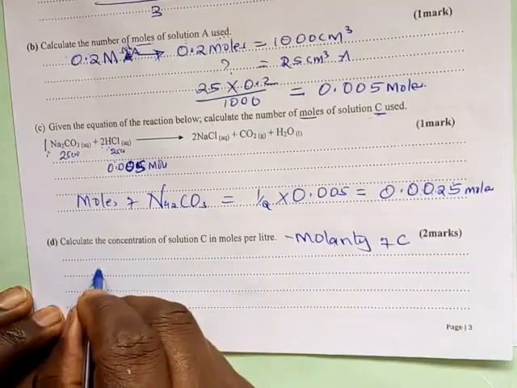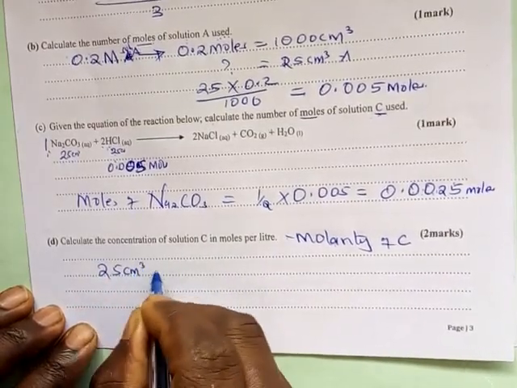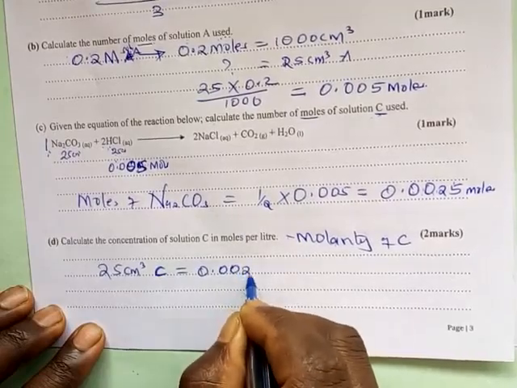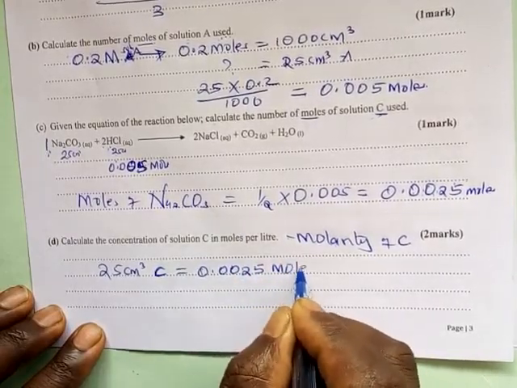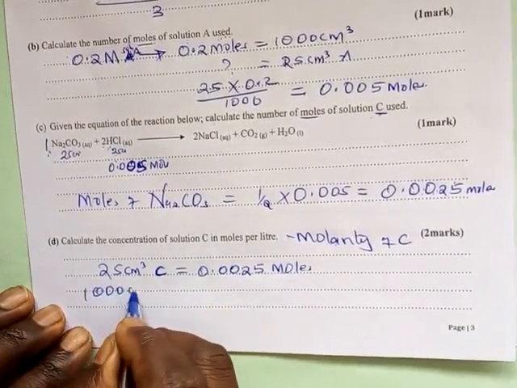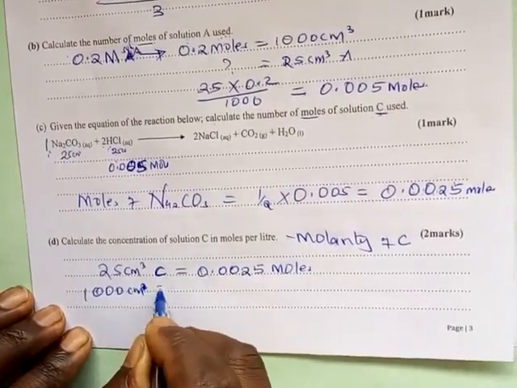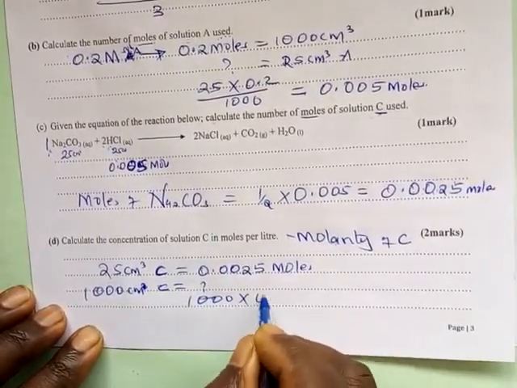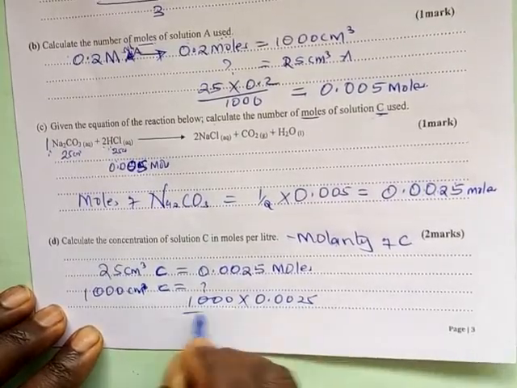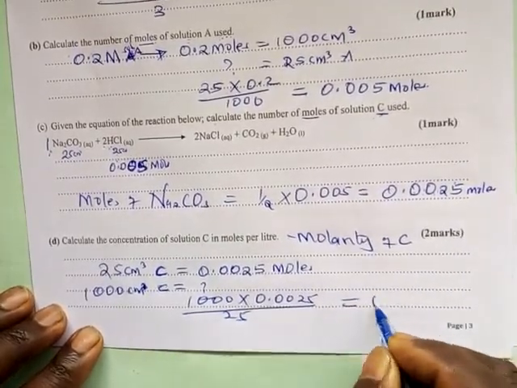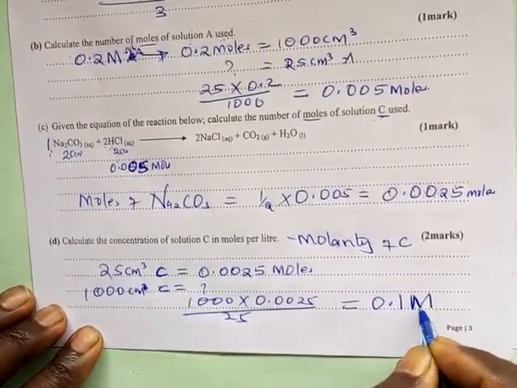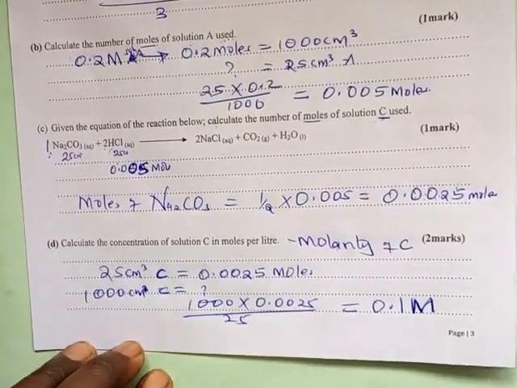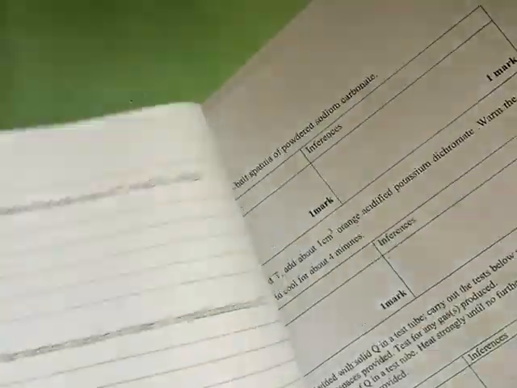And that is molarity. 25 centimeters cube of solution C is equal to 0.0025 moles. 1,000 centimeters cube is equal to 1 liter. Solution C will be what? And this one will give you 0.1 capital M. That's what the molarity of solution C is, 0.1. Let's go to the next page.